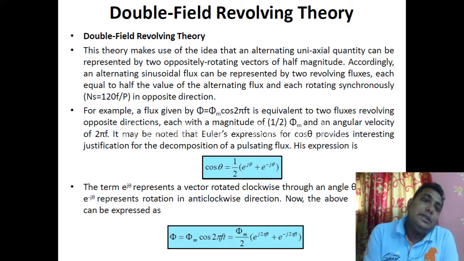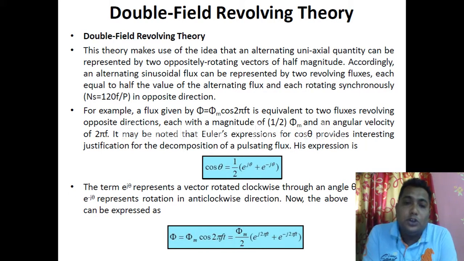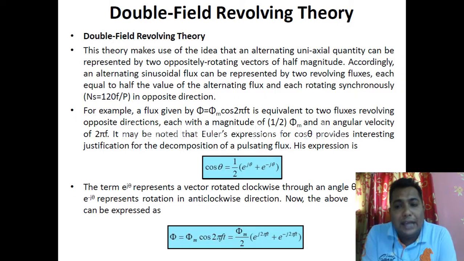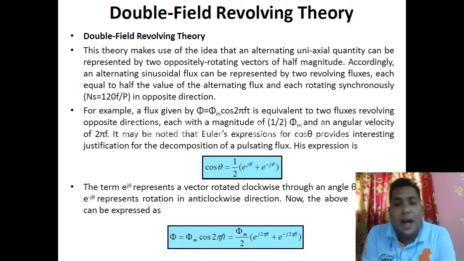For example, a flux given by phi equals phi max cos 2 pi f t is equivalent to two fluxes revolving in opposite directions, each with a magnitude of half of phi m and an angular velocity of 2 pi f.